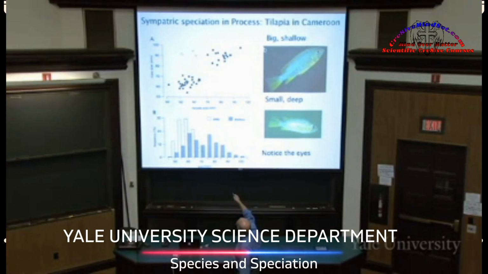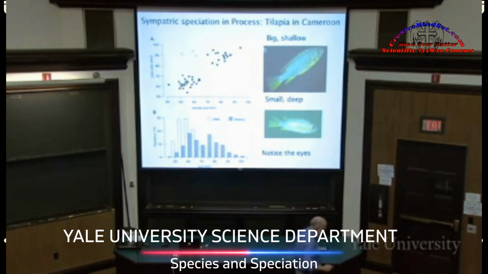There are some little males and females, and there are some big males and females. And you tend to find the small ones in deep water and the big ones in shallow water. And if you look at the frequency with which you find them in deep and shallow, you can see that you only get the small ones in deep water, and there are a few of the big ones in deep water, but most of the big ones are in shallow water.